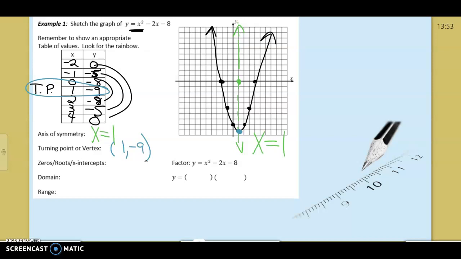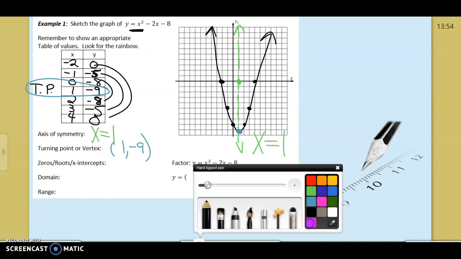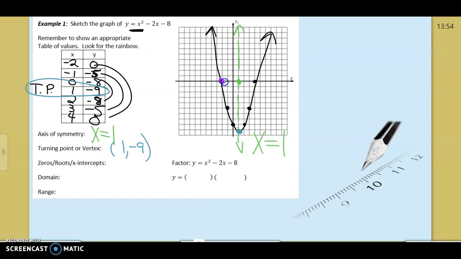Now, zeros, roots, and x-intercepts. I'm talking about the same thing when I say that. So these points can be found here and here when the output, when the y value, is 0. So when we see that in the chart is when the output is 0 here and here. Now, we do see a 0 for x, but that's something else.